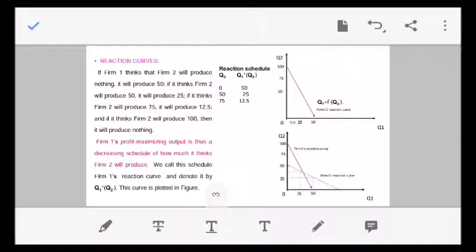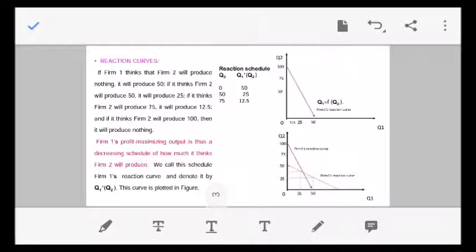That means if firm 2 decides to produce, let's say, 10 units, what is the reaction of firm 1? If firm 2 changes its quantity from 10 to 20 to 30 to 40, what is the change in the decision of firm 1? It may increase, it may decrease.